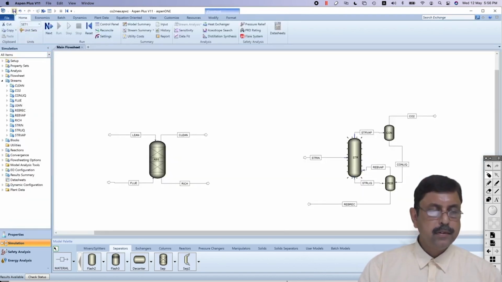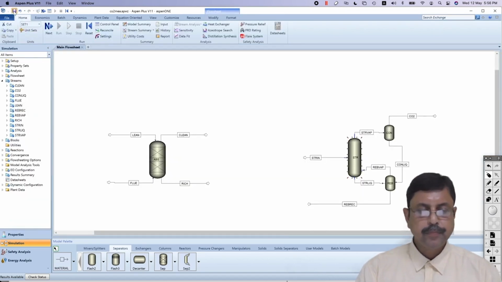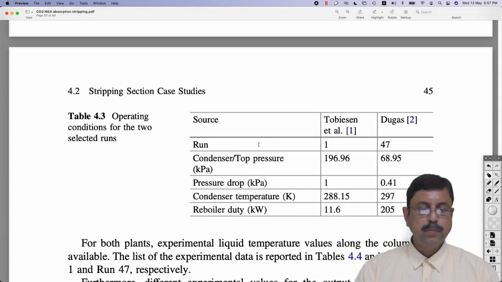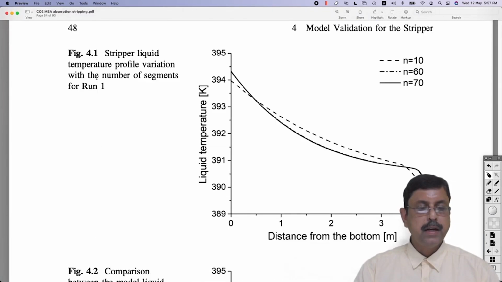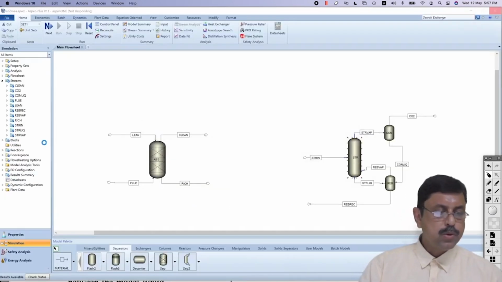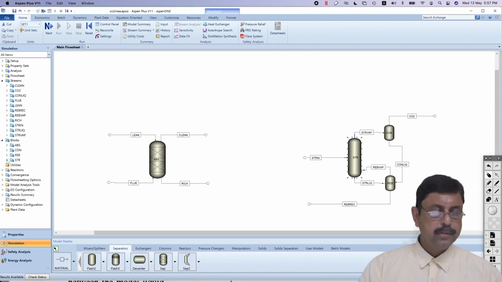So let us save this simulation. Now here again we have to check a few profiles. The stripper liquid temperature profile variation. It should look like this. So we go to the stripper block this time. So this is the stripper block.